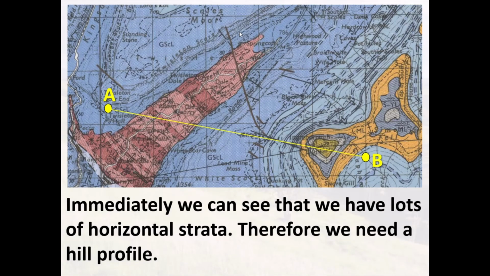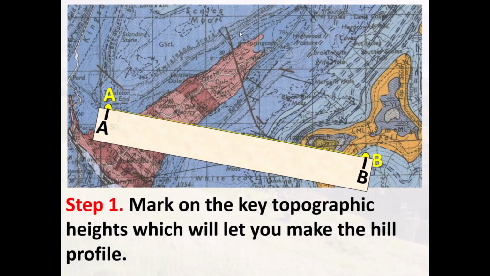So just as we've done previously, we get our strip of paper and mark on our strip of paper the key topographic heights which will let us construct a hill profile. So I've just drawn the key ones. I don't want to draw them all because that would take forever.